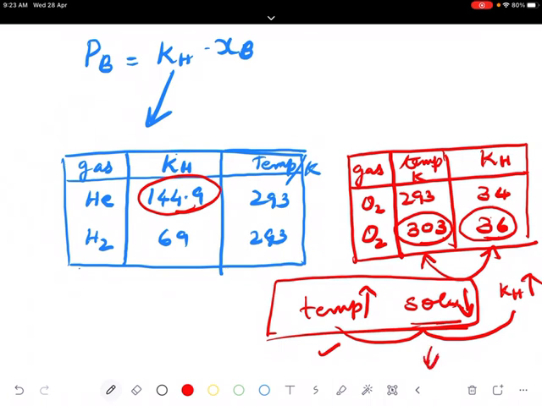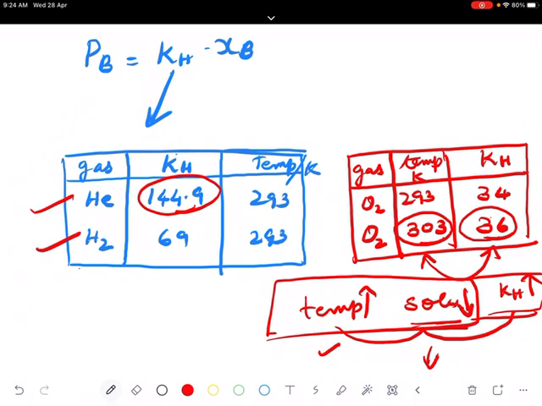And solubility and KH value, what is the relation? That is an inverse relation. As KH value increases, solubility decreases. If the gases are different, which gas is more soluble? You can check the KH value and say which gas is more soluble.